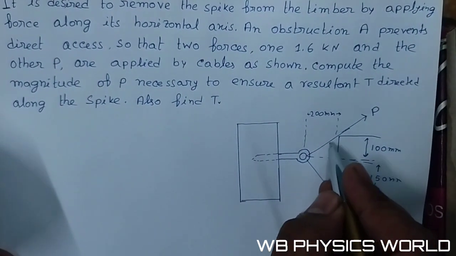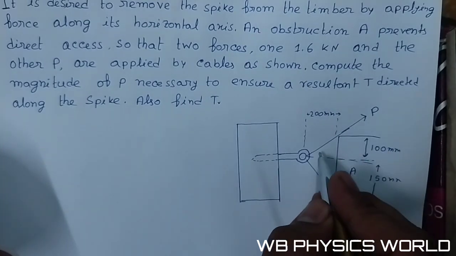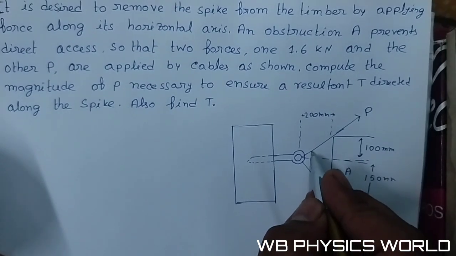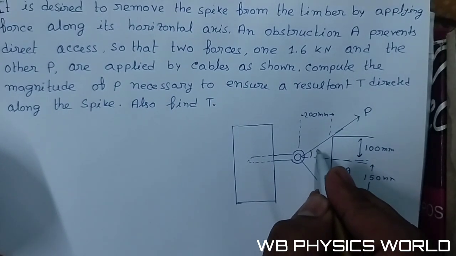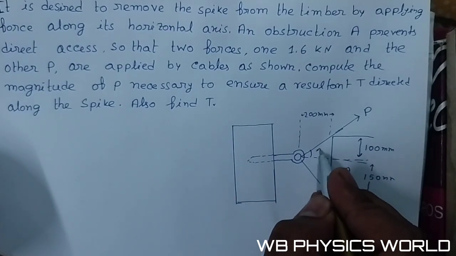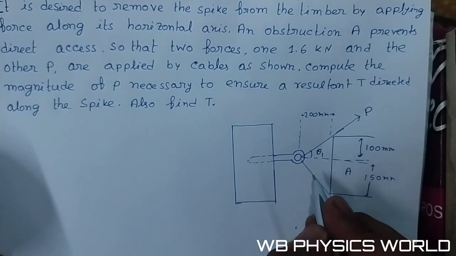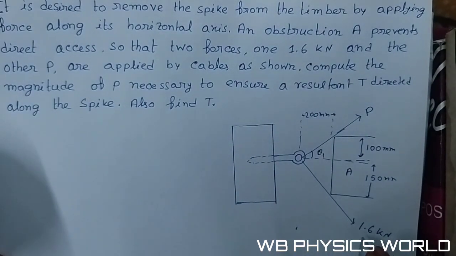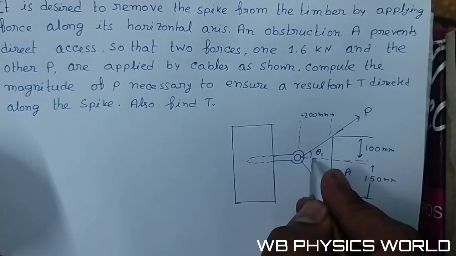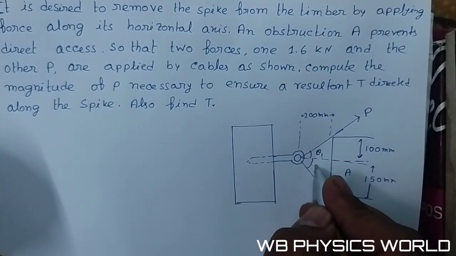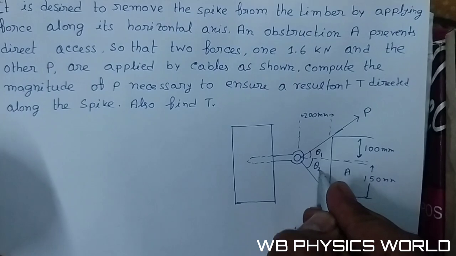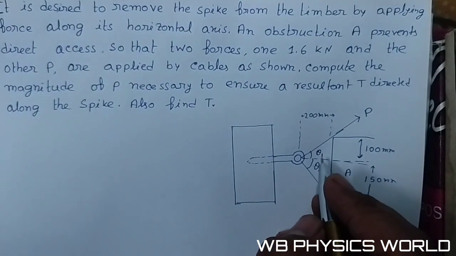Let's say the force P makes an angle theta 1 with the horizontal and force 1.6 makes an angle theta 2 with the horizontal.